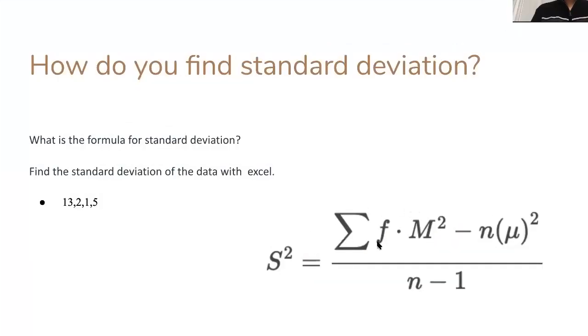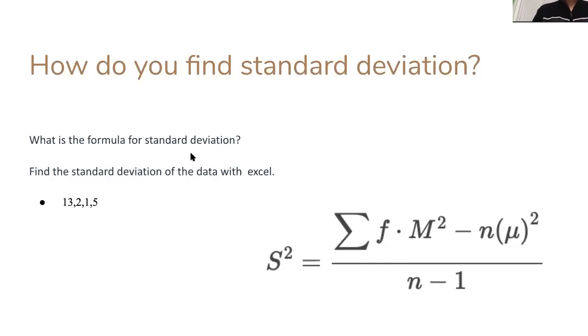So now for every number that I need to complete this equation, I have the sum of all my frequencies times my midpoints. All I need to do now is square my midpoints. And then I have my n, I have my mean, and now all I have to do is plug in my numbers and solve.